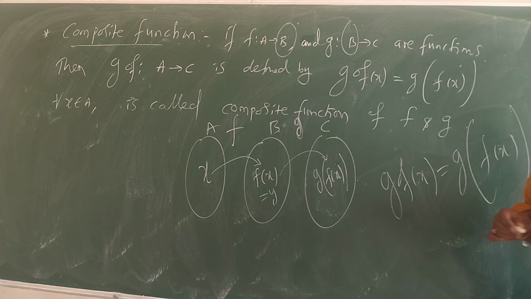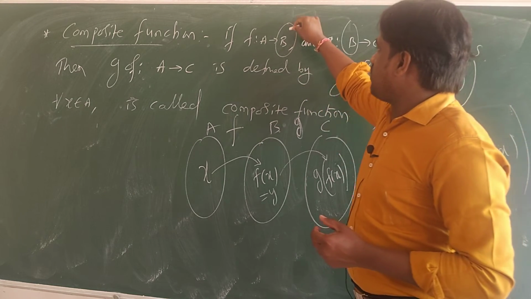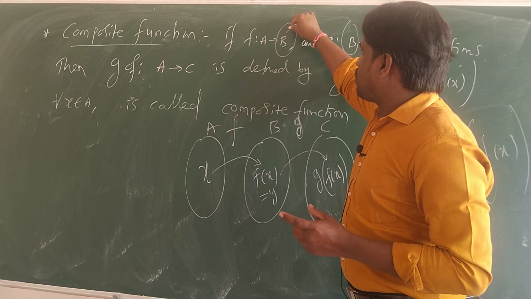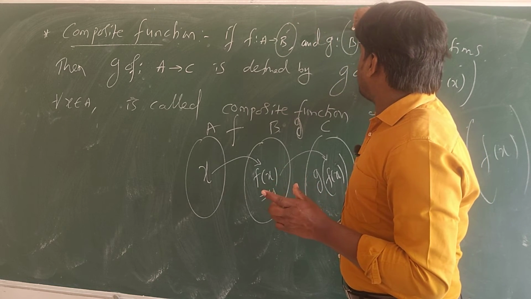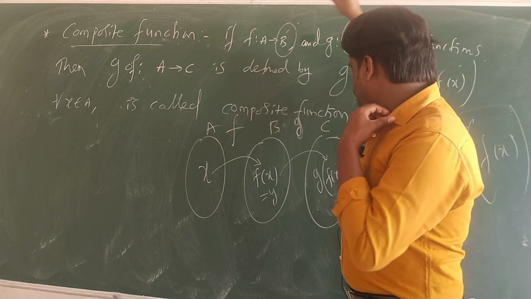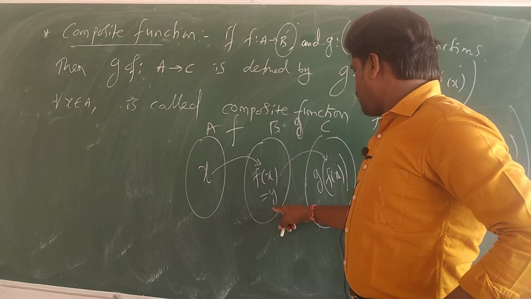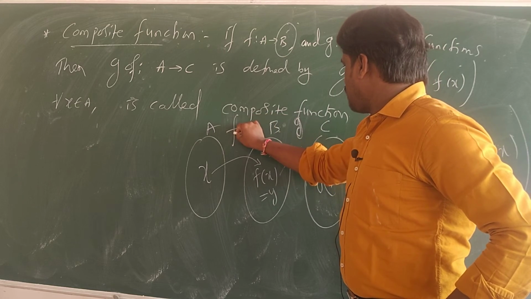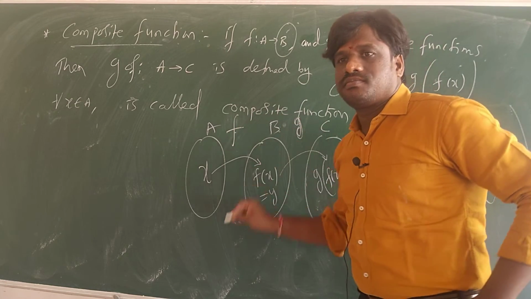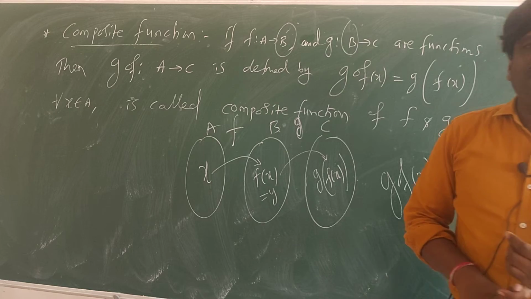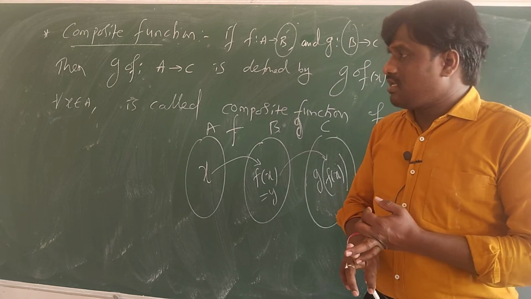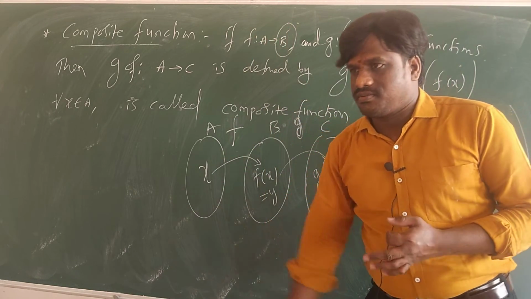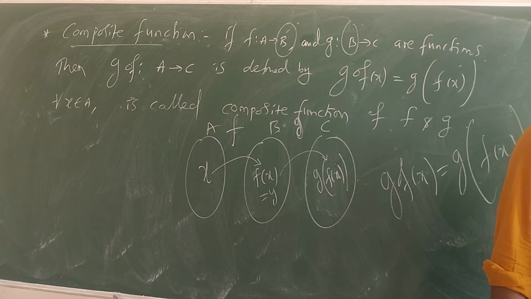When is the composite function defined? If the range of f is equal to the domain of g, then the composite function exists. Understood what I said?